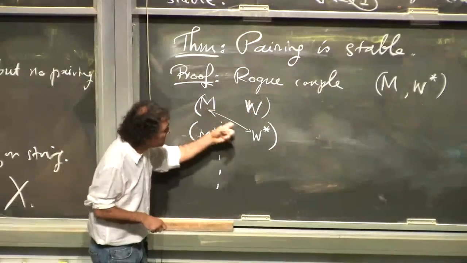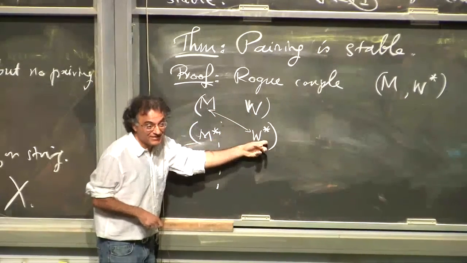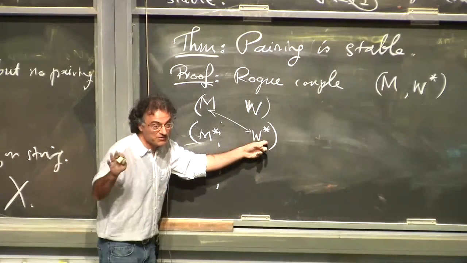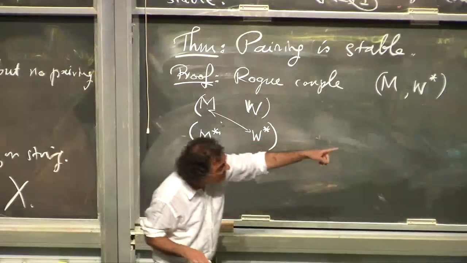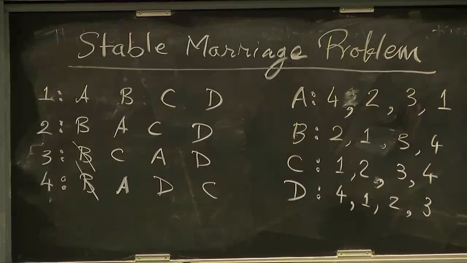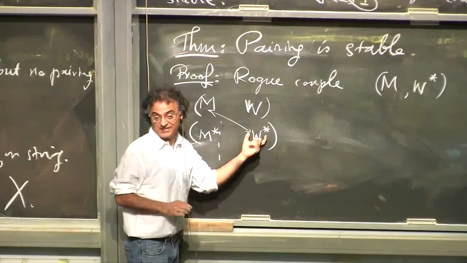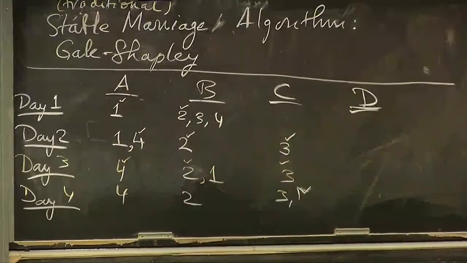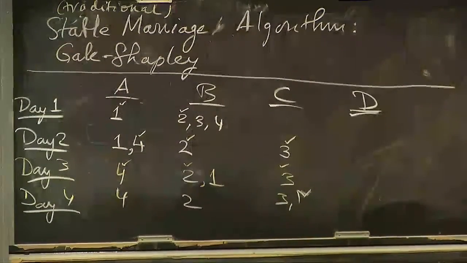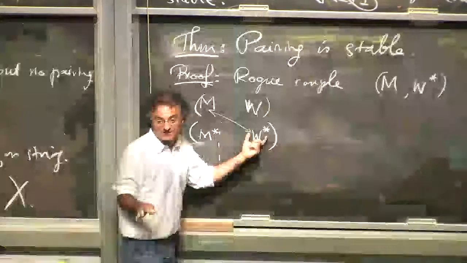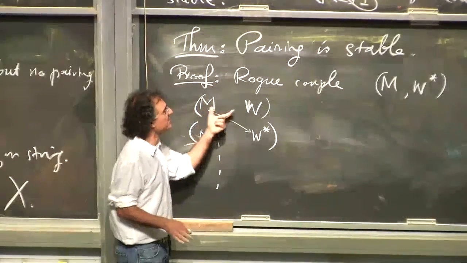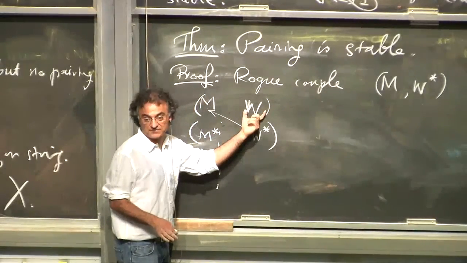So if he really prefers W star, he already did go and propose to her in this algorithm. There was some day when he did go to her balcony, and she passed him up for somebody that day, or some subsequent day. There was some point where she told him, no, never. And that's why he went down the list and he ended up with W.